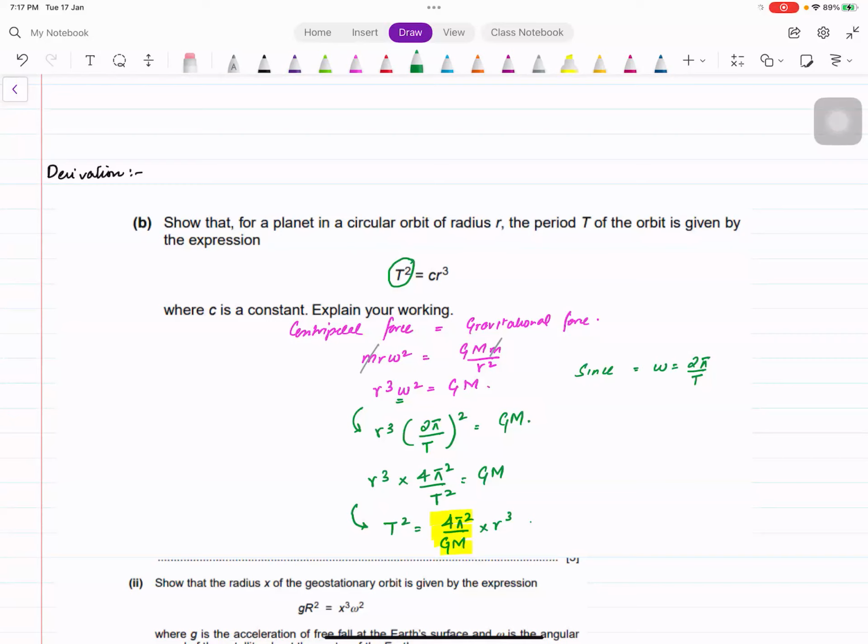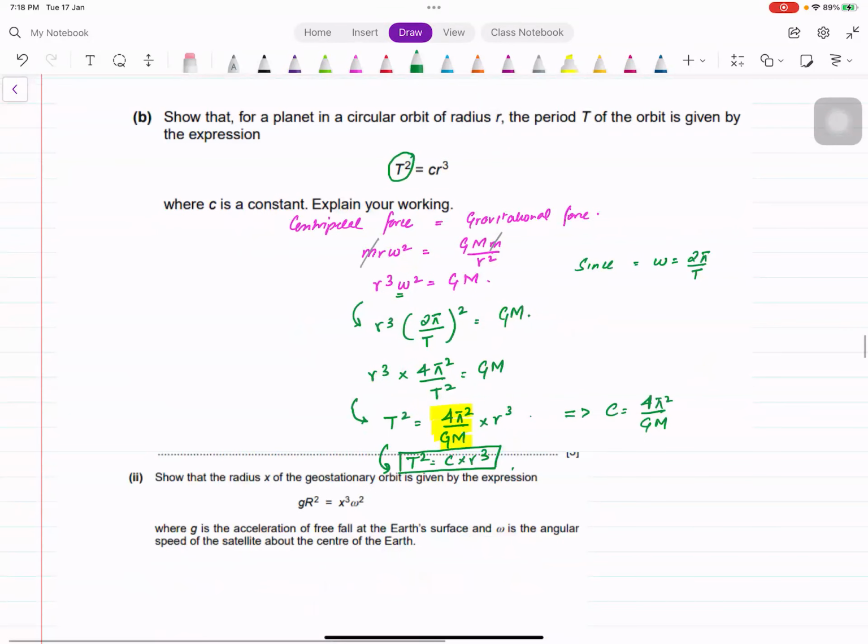So which means we can write that C is the constant that is equal to 4 pi squared over GM, and hence we can state that T squared equals C times r cubed. And that's how we have proved it. Is that clear, everyone? Fahar, Anusha, Abdul Moiz, Yes, sir. Nadia, Yes. Ahmed, Musa. Okay, good, very nice.